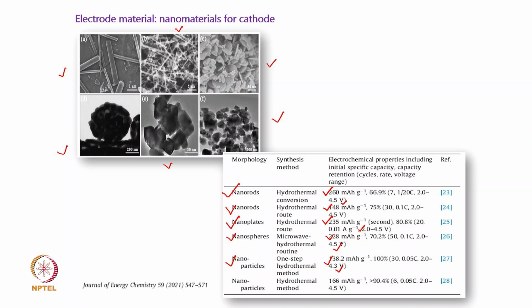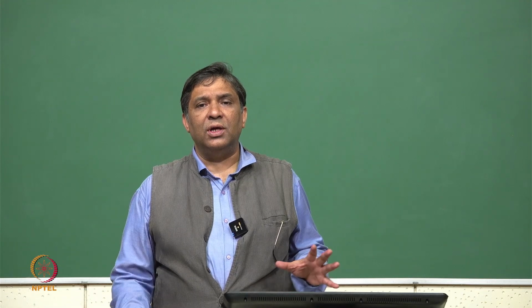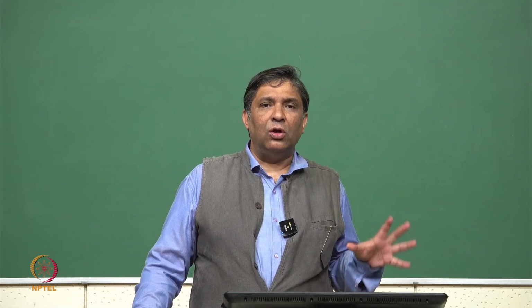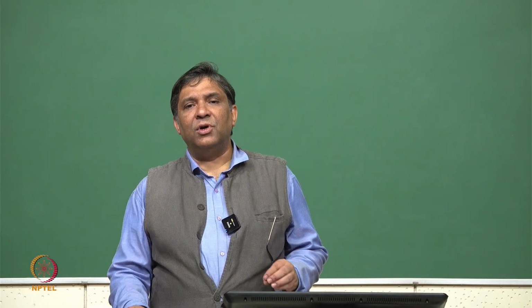Okay. Different people have reported this in different literature, and one can find it in a review which I have shown here. One can see how, by varying the morphology of the nanostructure, one can design cathode material, like anode material, for different specific capacity and different voltage.